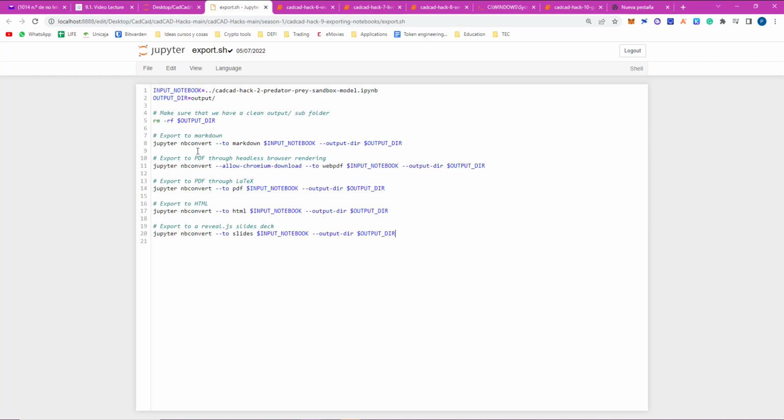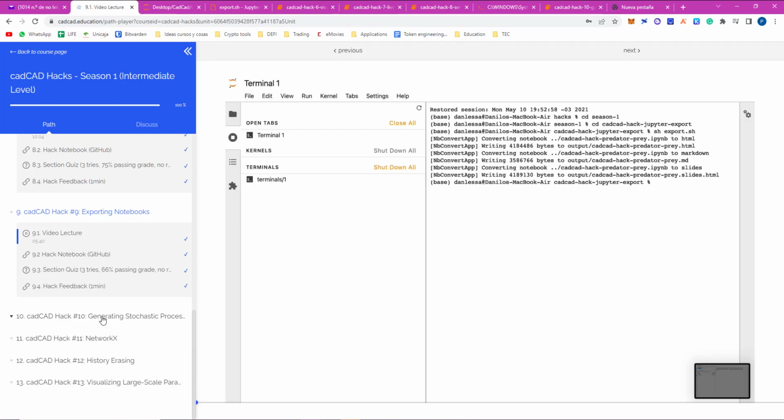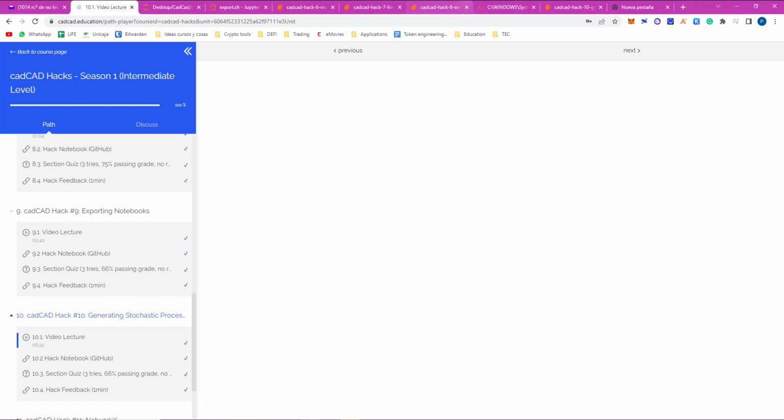These are the 5 possibilities that they give you. It's very useful indeed, but don't get into it too much. It's not going to affect your day-to-day work. So we go to the last one, which is generating stochastic processes.